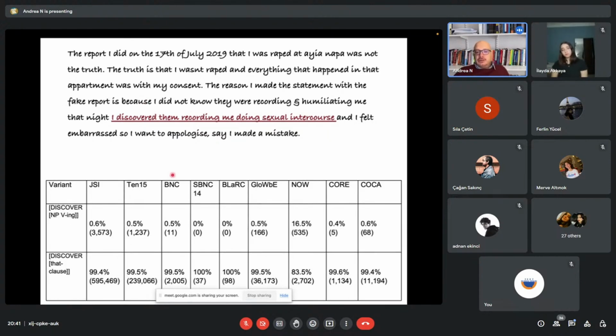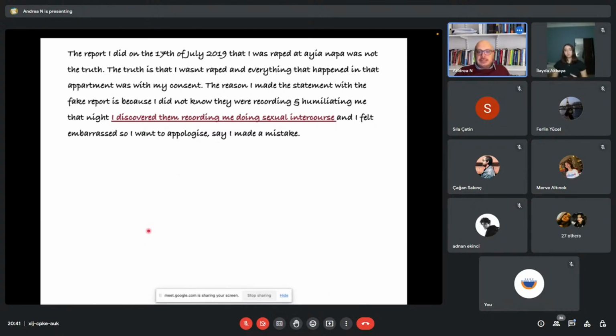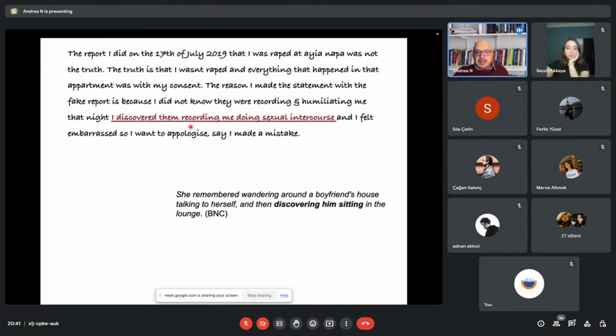And we can check now in corpora that this is true. However, it's not that this version with ing is never used. This version with ing is used in English. For example, we find it in corpora like the BNC. There's this instance of "she remembered wandering around and then discovering him sitting in the lounge."